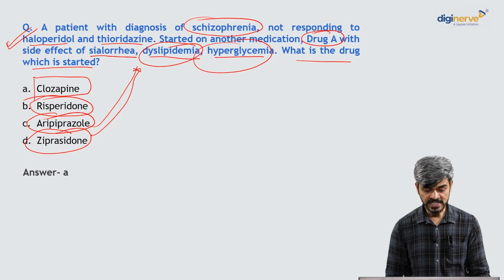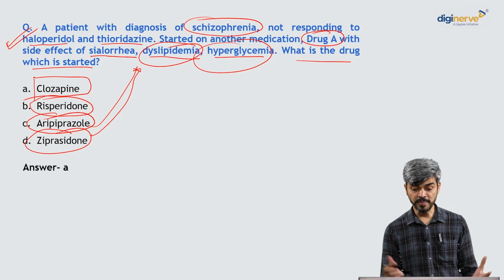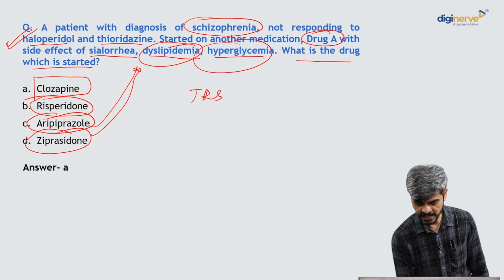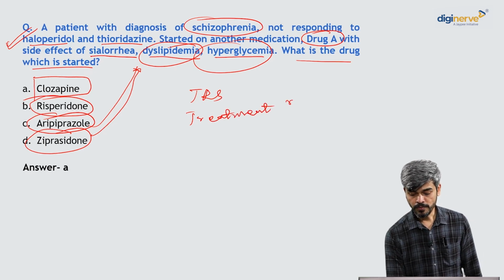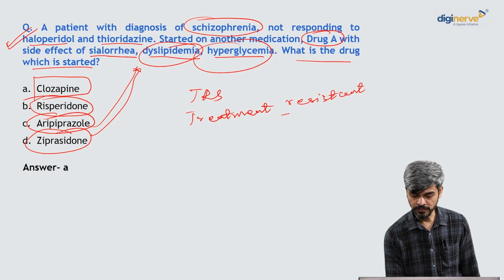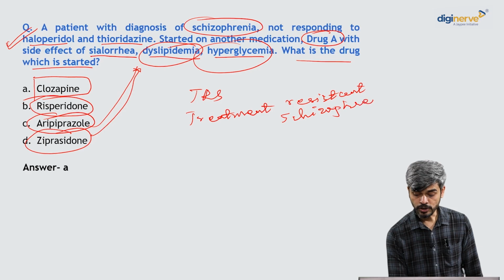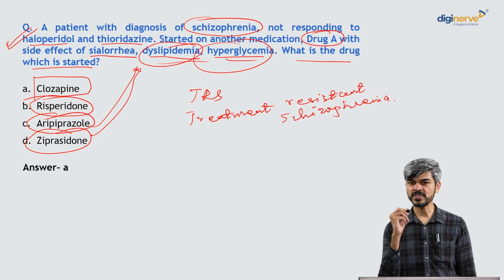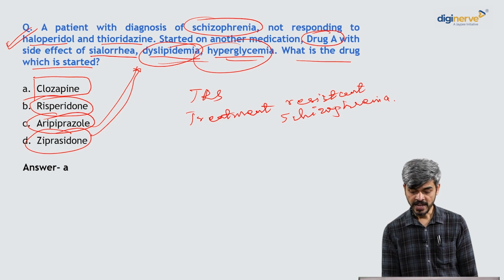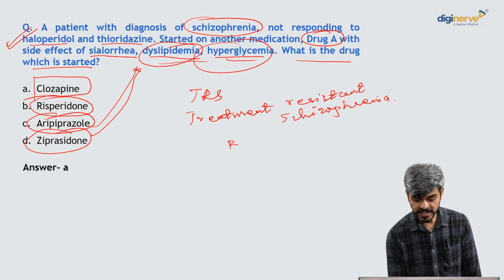You know clozapine is the gold standard treatment in treatment-resistant schizophrenia, TRS. And the problem with clozapine, which is a very good drug in treatment-resistant schizophrenia, is that it causes a lot of metabolic issues such as dyslipidemia and hyperglycemia, and patients also complain of increased salivation, okay. And you also need to monitor their blood.